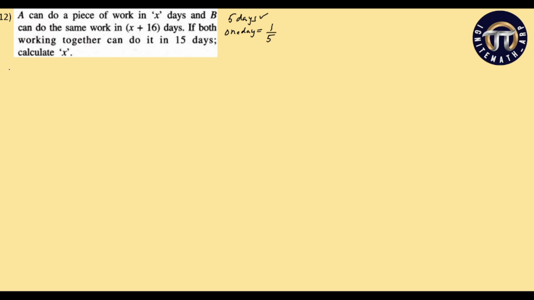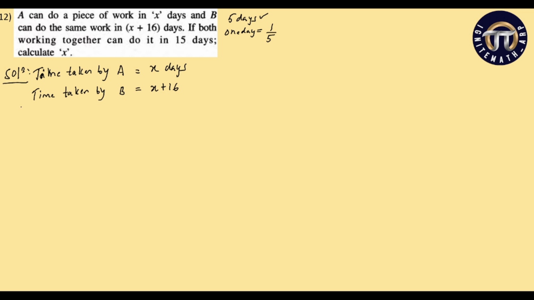So now here A can do a piece of work in x days. Right. So the number of days taken by A, or the time taken by A. Okay. So I can write it as the time taken by A to complete the work is x days. Okay, then B can do the same work in x plus 16 days. So I can write the time taken by B to complete the work is x plus 16.